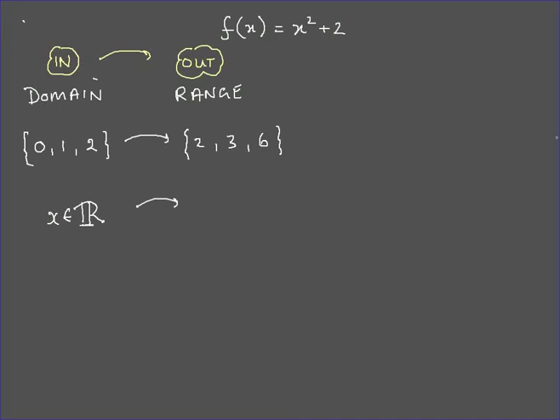One of the nicest ways that you're going to be able to tackle these questions is to quite simply look at a graph. If you look at a graph of a function, and if we put 0 in, we get 2 out, and that is that lowest point on the graph.